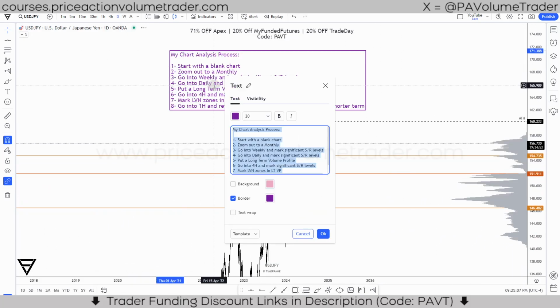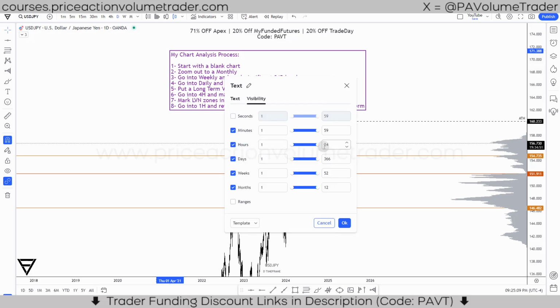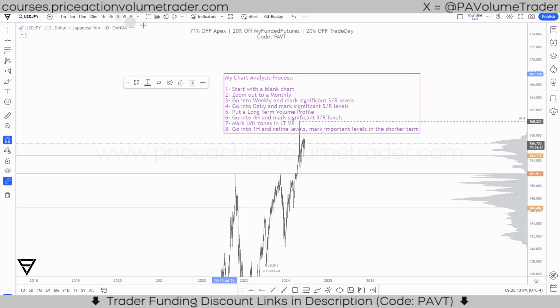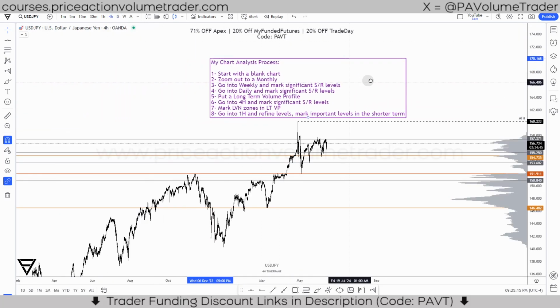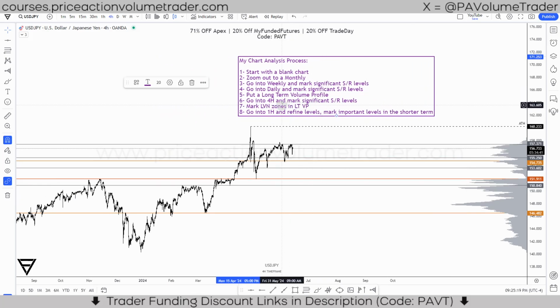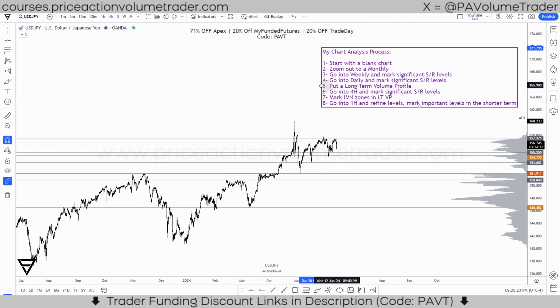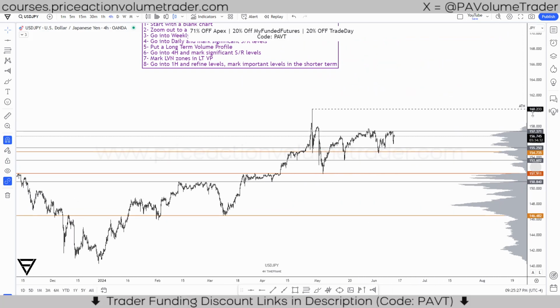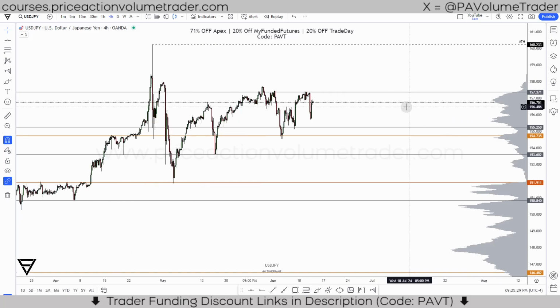step in this, let me put this on the hourly as well. The next step is I'm going to mark my low volume node areas. Okay, so for that, I'm going to expand this.